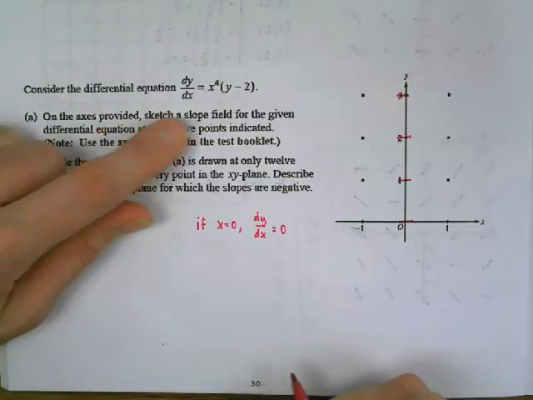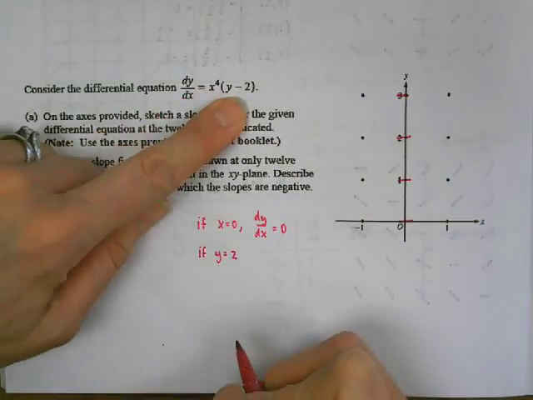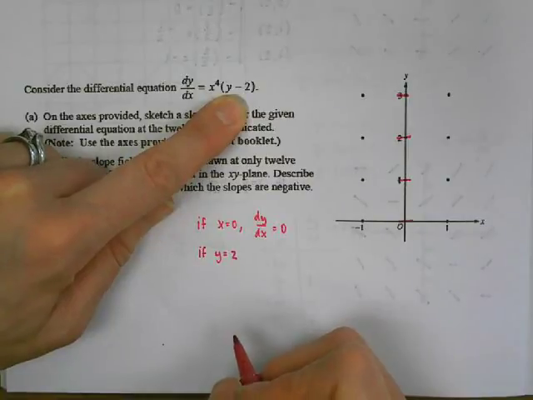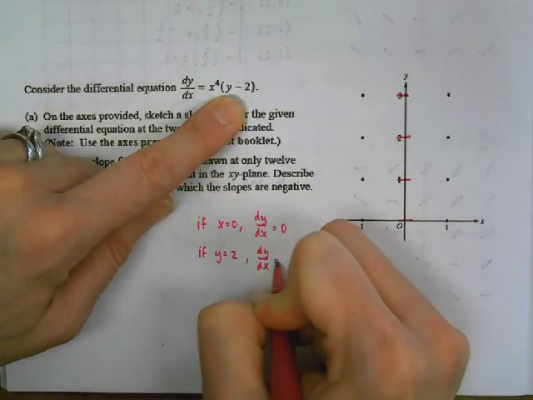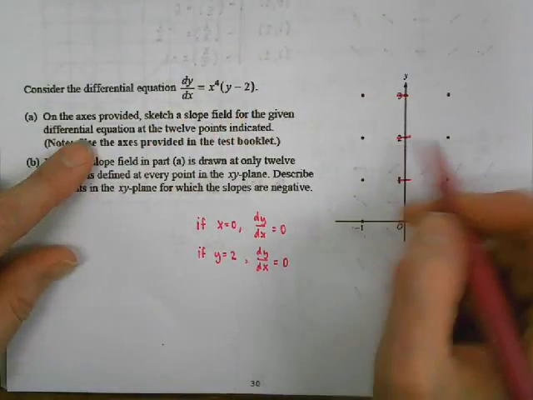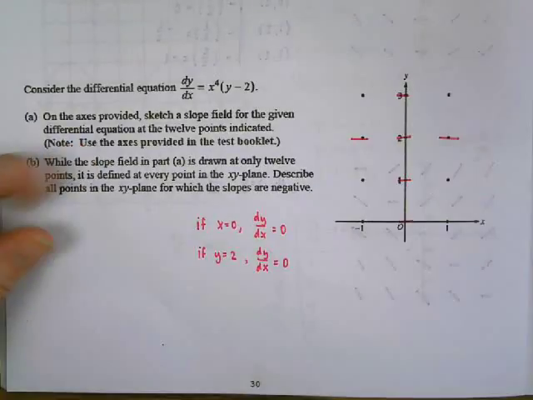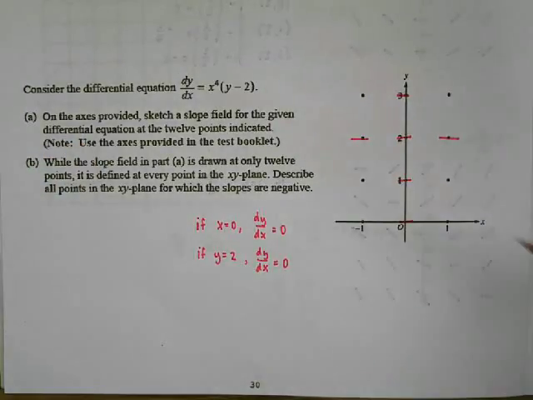The other thing I notice right away is that if y equals 2, that's going to give this factor a value of 0. So my slope will also have a value of 0. So wherever y is 2, we make that 0. And now we're down to just 6 points.